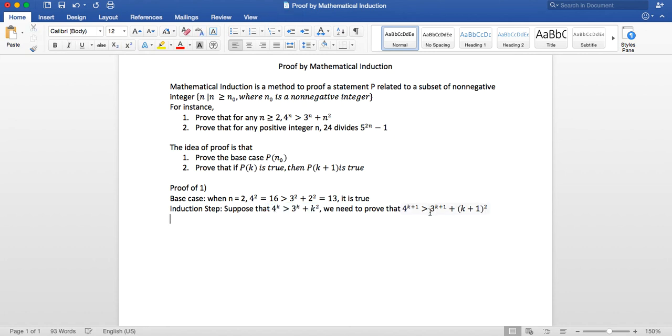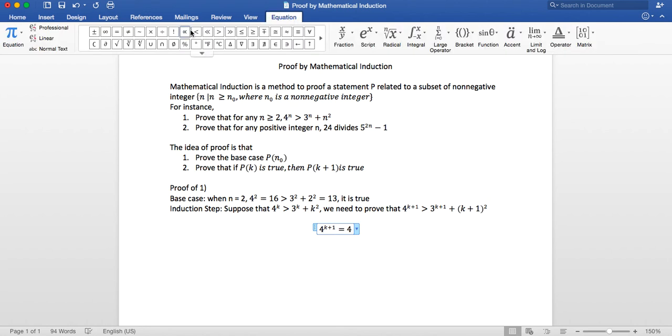So in order to prove this, of course, I start from 4 to the k plus 1, step by step, to see what I can get. 4 to the k plus 1 power is definitely equal to 4 times, I use multiplication here, 4 to the k power, right?